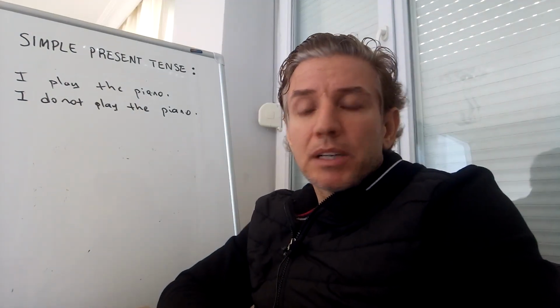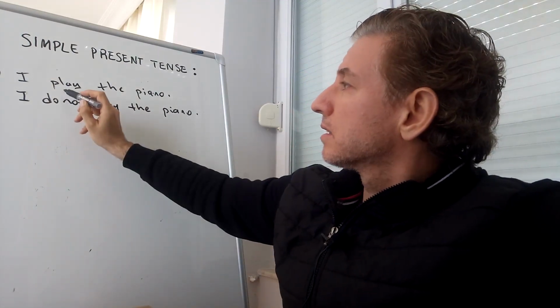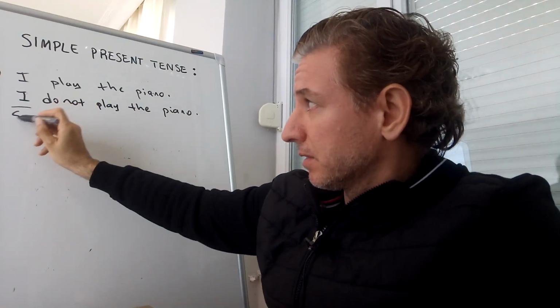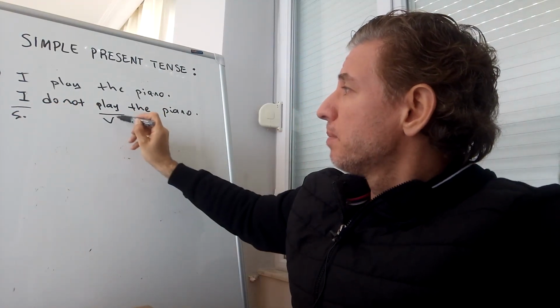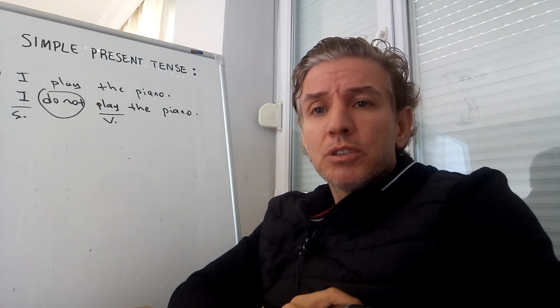I do not play the piano, but he plays the piano very well. So, what is the difference? I play, but I do not play. Between the subject and the verb, we use do not here, okay?